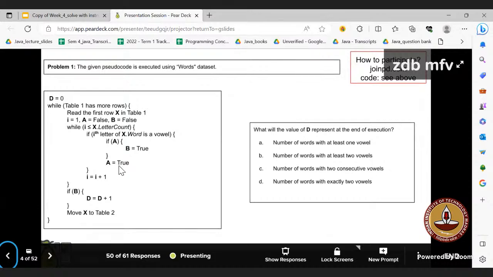If the ith letter of x dot word is not a vowel, and you make a false, there should be an else part. In the else part, you can make a equal to false. Before that there will be the else part. Yes, right.